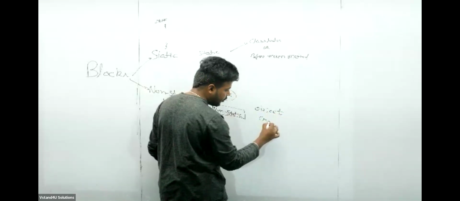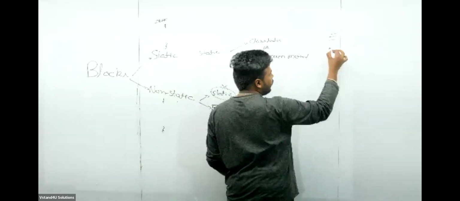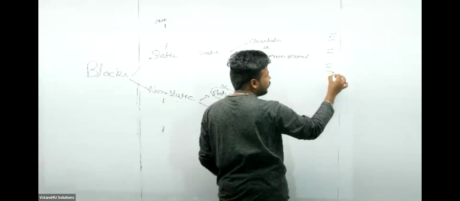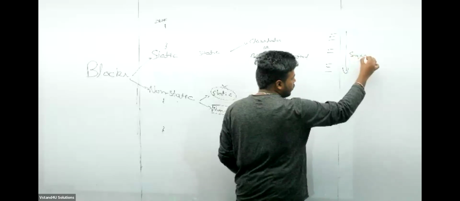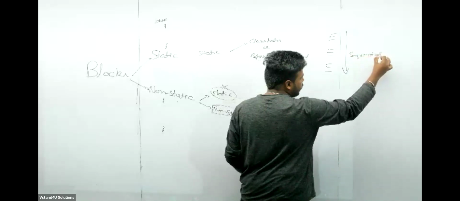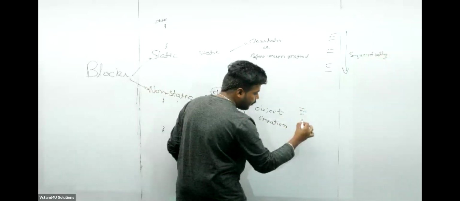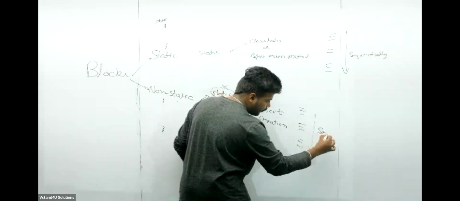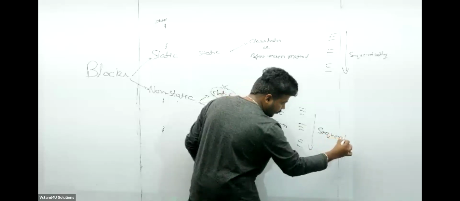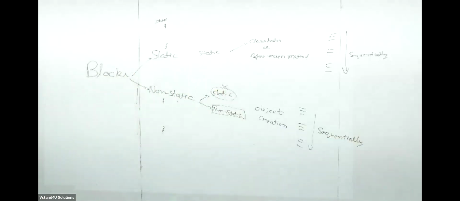Object creation. When we have multiple static blocks, the execution happens sequentially. When I have multiple non-static blocks, the execution also happens sequentially. Write this diagram. Any doubts in this?